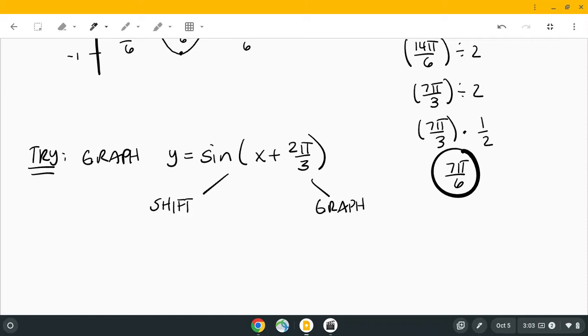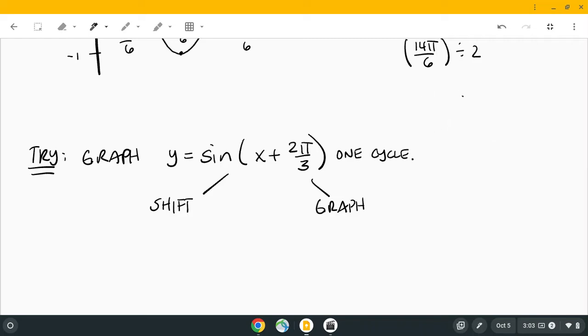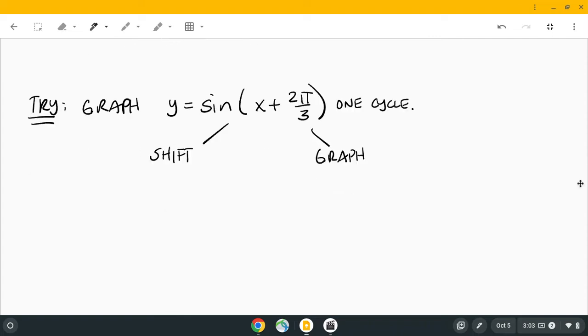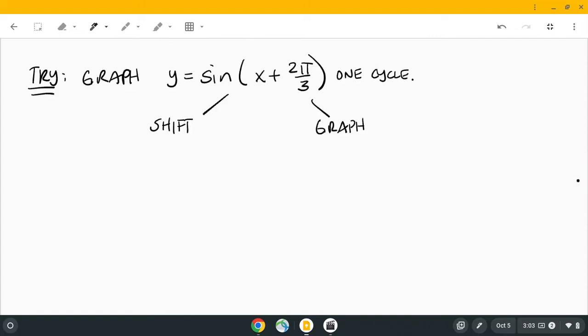And let's just graph this for one cycle. Again, I'm going to erase this. So go ahead and click on the pause button and give this one a try, and come back and see if you get the same thing.